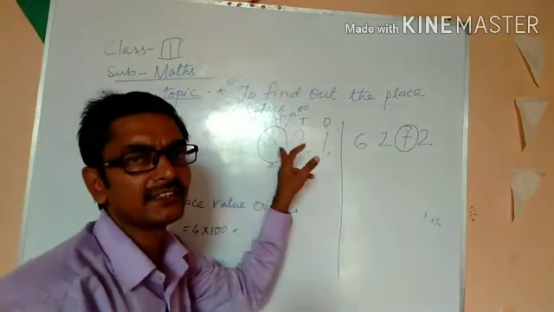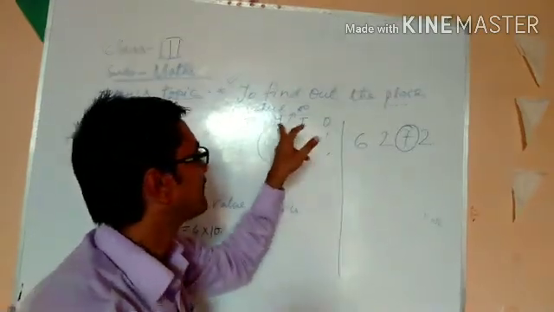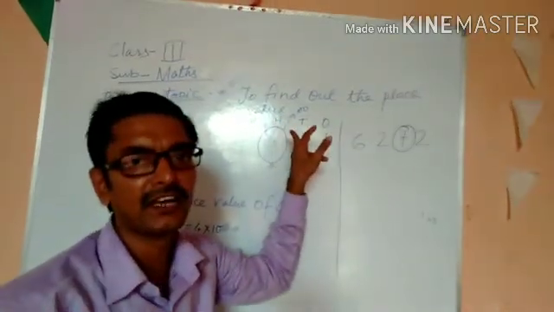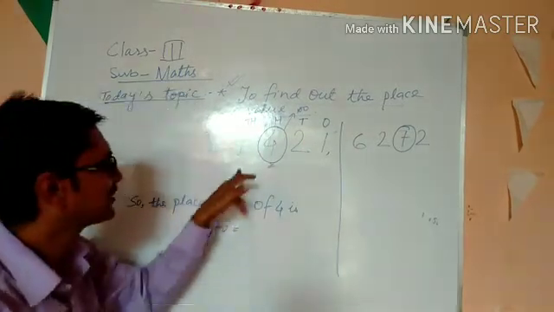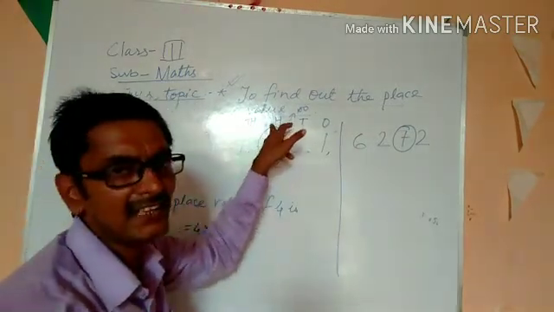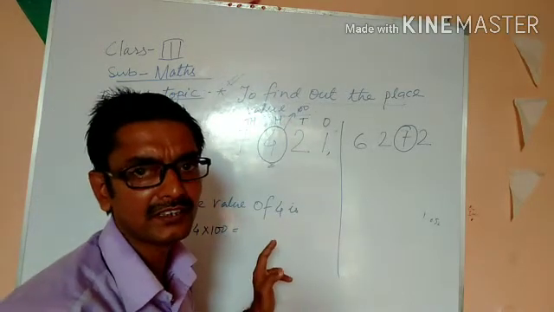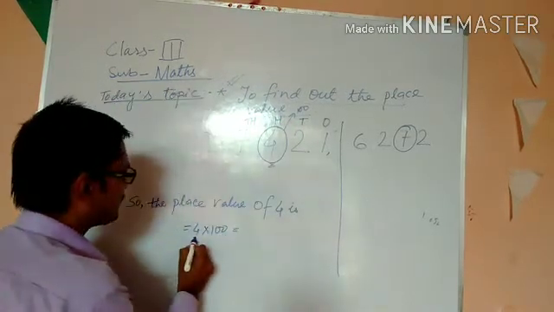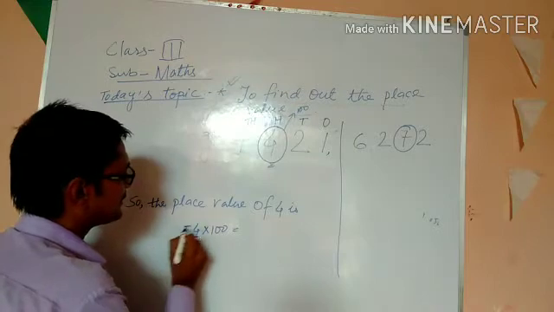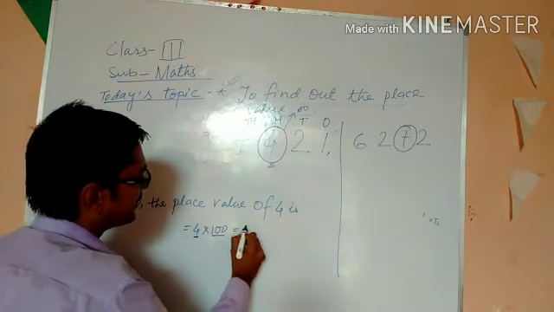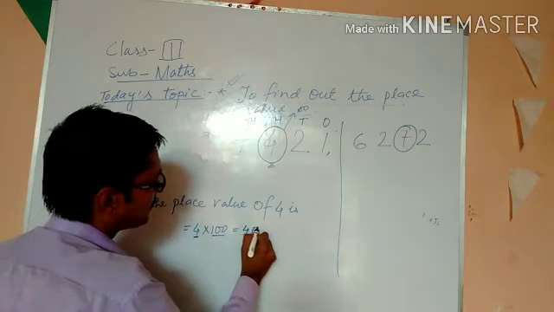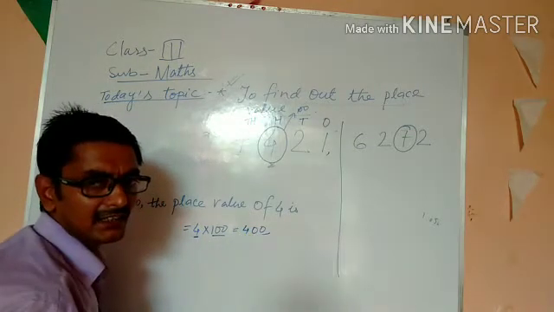We have already discussed in the previous classes, each and every place has its own value, own worth. Is it clear? So we have got 100 because the 100 place has 100 value. Is it clear? So we multiply this digit which occupies the 100 place by its value 100. We got 400. Is it clear?